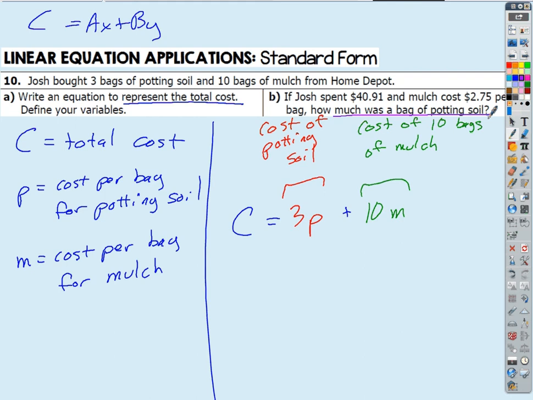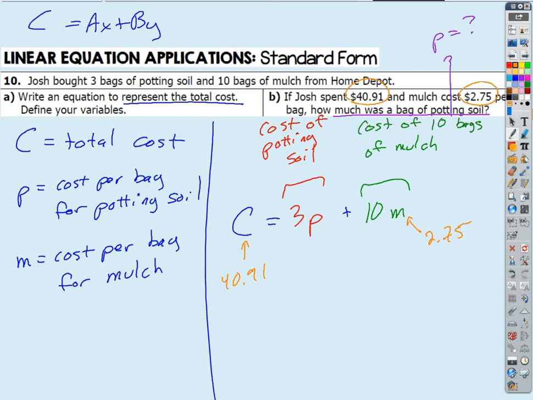P, yeah. In other words, that's asking us, P equals what? Well, we can plug in some numbers. Where does the 40.91 go? Cost, good. And how about the 2.75? M, yeah, good.